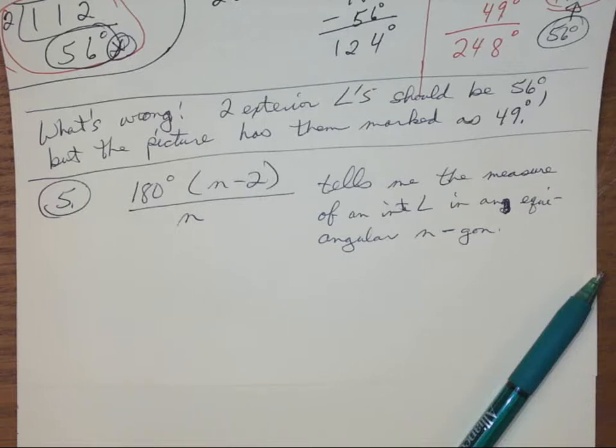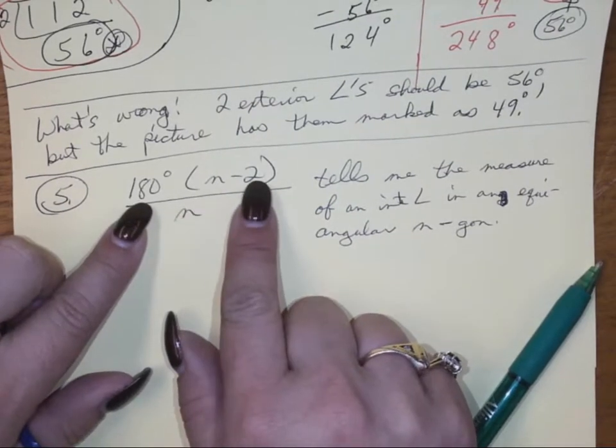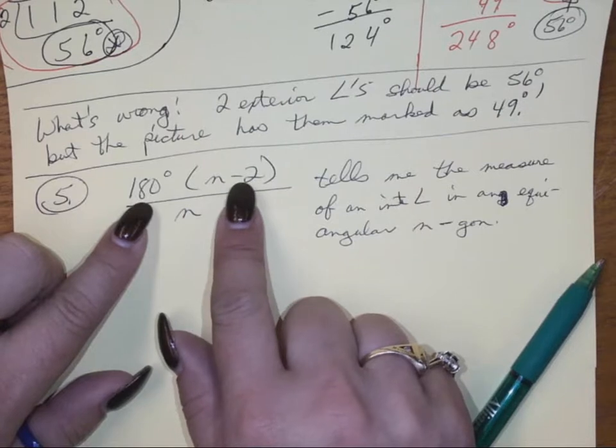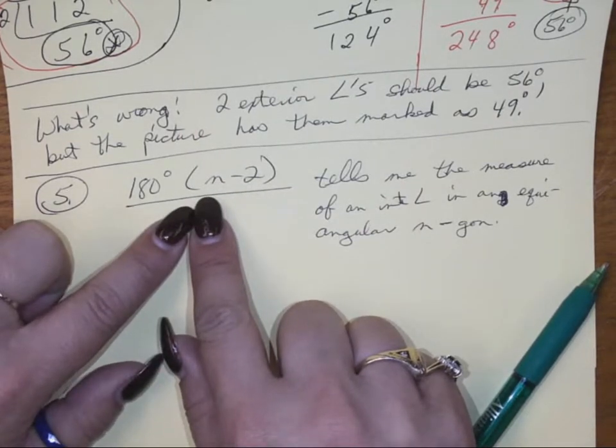So what they're saying is, say that this was a triangle. The n-gon there, it would be a 3-sided polygon, right? If this was a triangle, then we know that all of the interior angles would be 3 minus 2, 1 times 180. So the interior angles of a triangle add up to 180 degrees, we know that.